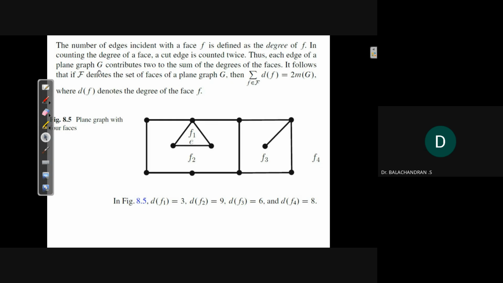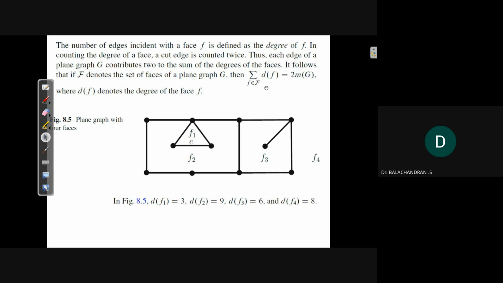Thus each edge of a plane graph G contributes 2 to the sum of the degrees of the faces. It follows that if script F denotes the set of faces of a plane graph, then the sum of the degrees of the faces is equal to twice the number of edges. At the beginning of graph theory, we proved that the sum of the degrees of the vertices is twice the number of edges.